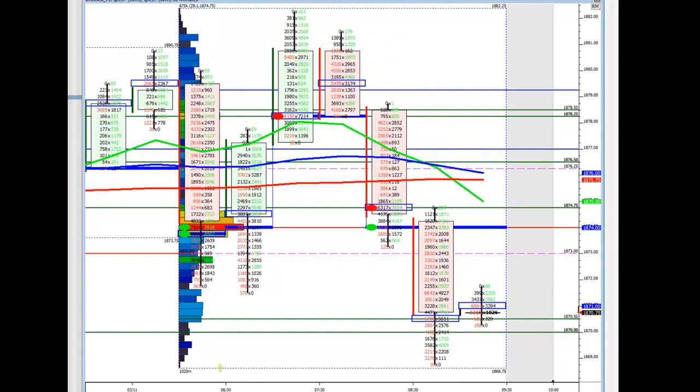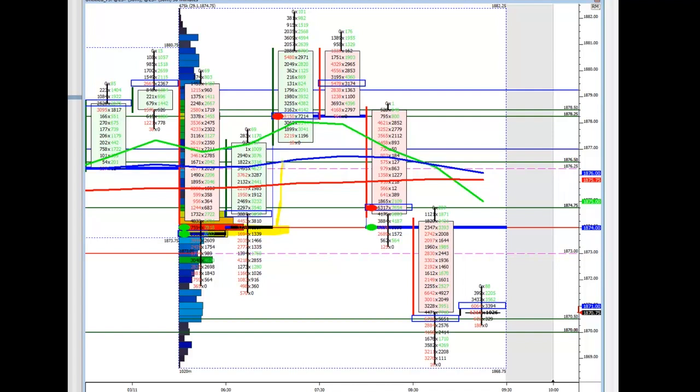Now, I've added one more element that we didn't have, that again I wanted to introduce in this lesson. Another helpful element, if you will, that comes as part of our profile tool, and that's the developing point of control. First of all, early on, this is where my point of control was.